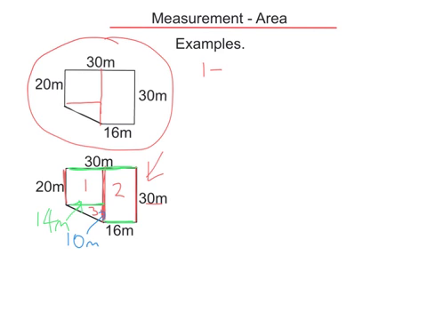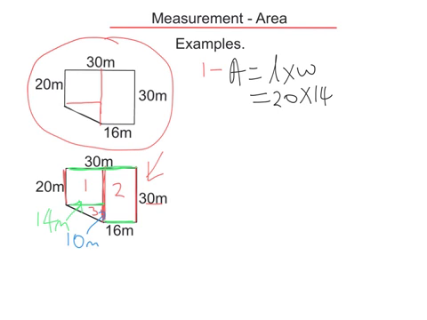Alright, so let's look at area 1. Area 1 here is a rectangle with the sides 20 for the length and width of 14. So area equals length by width, substitute in 20 by 14.